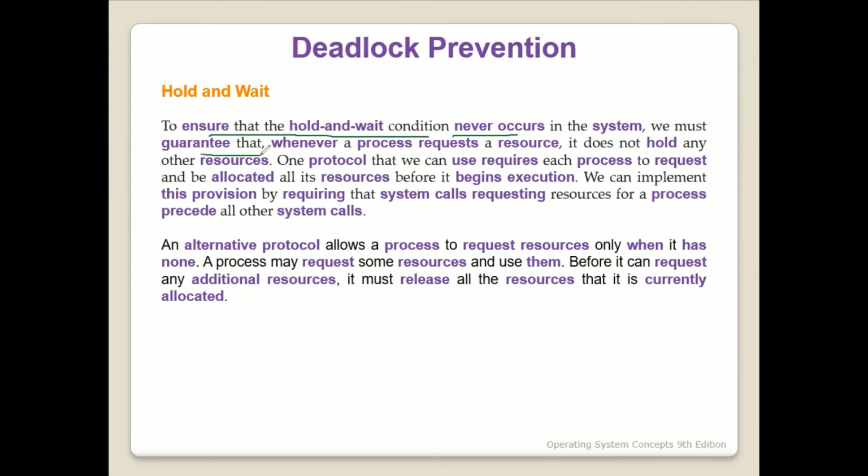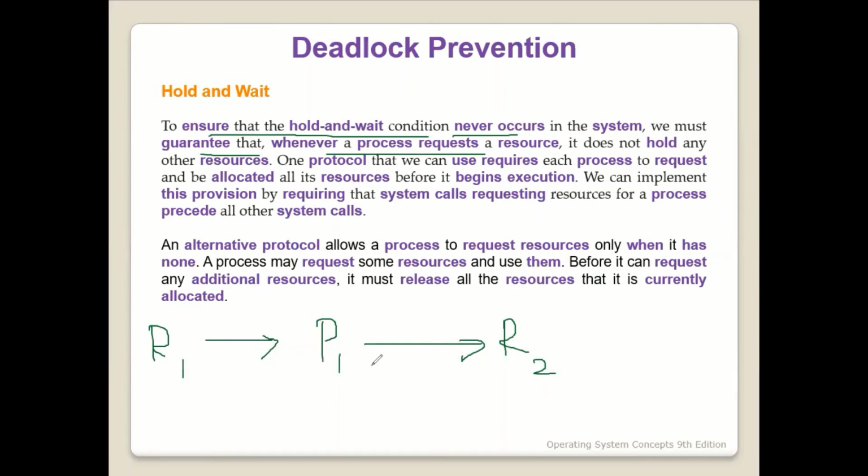to guarantee that whenever a process requests a resource, let's assume that you have a process P1. It may have some resource. Let's assume that it has a resource R1 and it is requesting a resource R2. In the last class I explained the meaning of the directed edge.